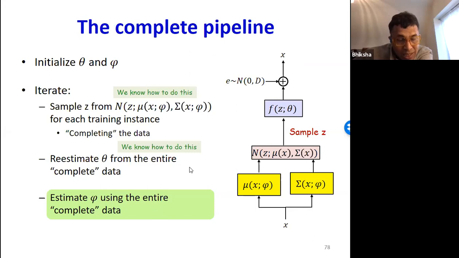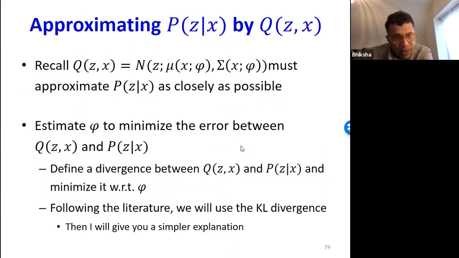So the real challenge now is, how do I estimate this phi? Once I've estimated theta, how do I update the parameters of the component of the model that computes the posterior probability of z given x? How do I update the parameters of this component of the model?